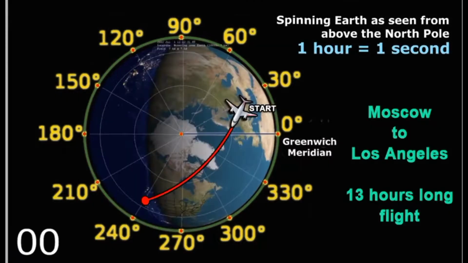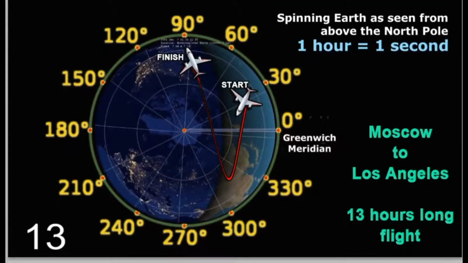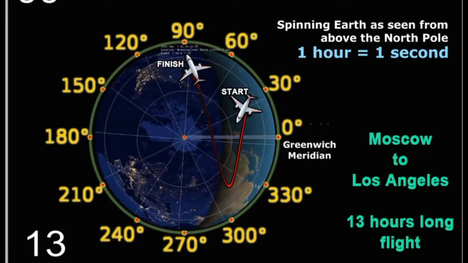So looking at the flight route, this is what happened right here. The plane was going towards Los Angeles, which was right here, ended up right there.